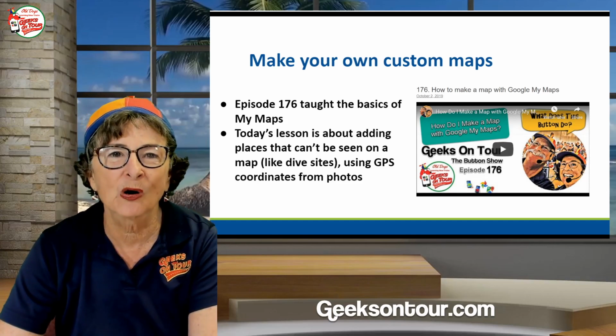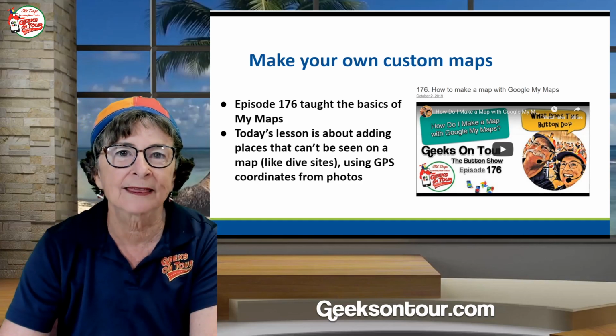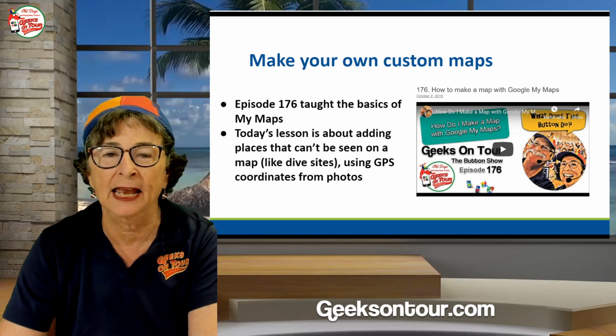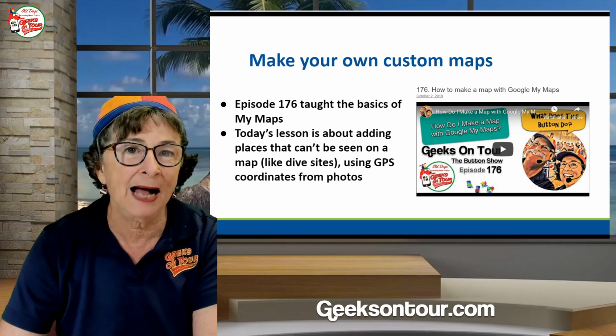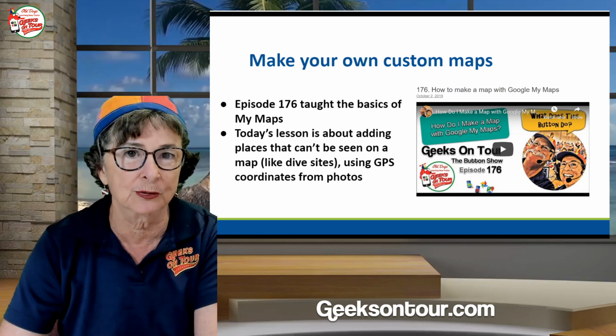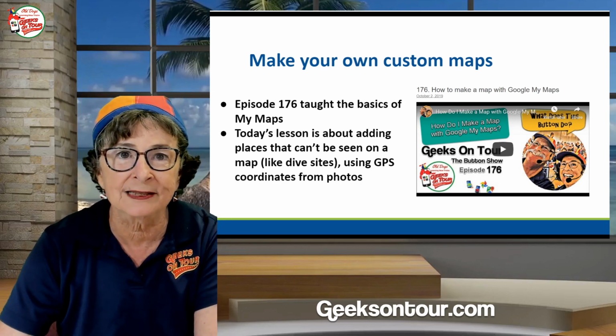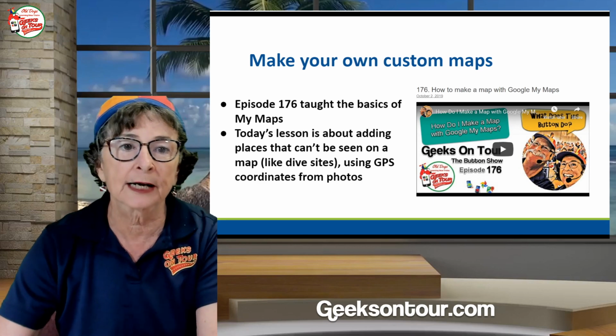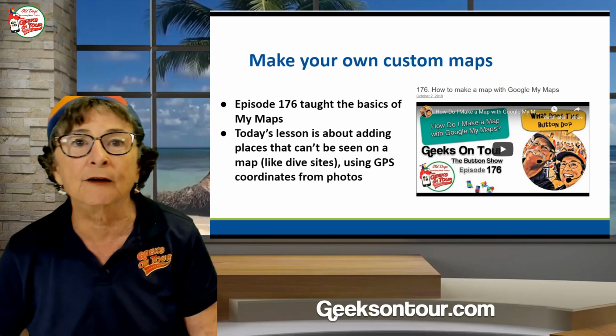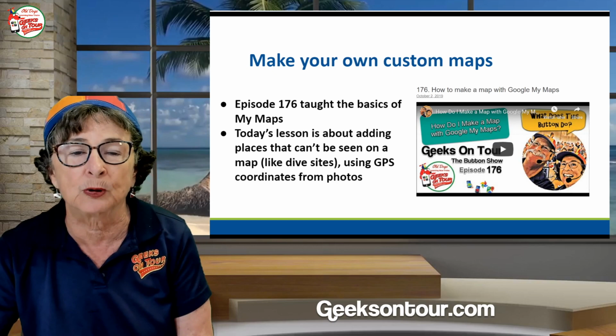Now, making your own custom maps. We think the best way to do it is a website called MyMaps for Google. It's Google MyMaps. And we've taught this before. Episode 176 taught kind of an overview of the basics of making maps with Google MyMaps.